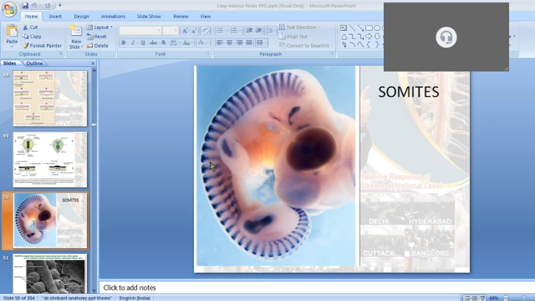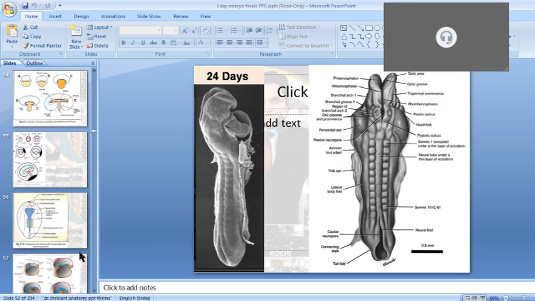Yes, this midline structure is the neural tube. Can you see there is a large opening on the caudal side? This is known as the posterior neuropore, while the large opening on the cranial side is known as the cranial, or anterior, neuropore. Now see, these are giving origin to our central nervous system.